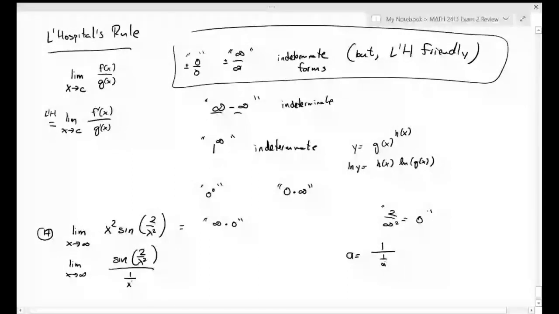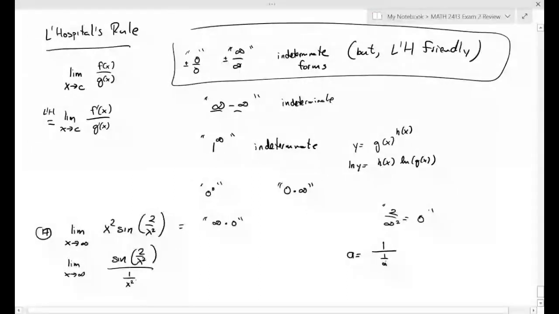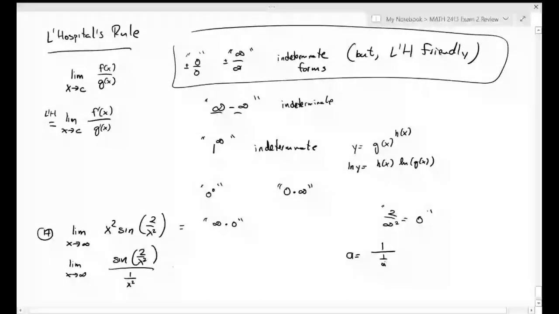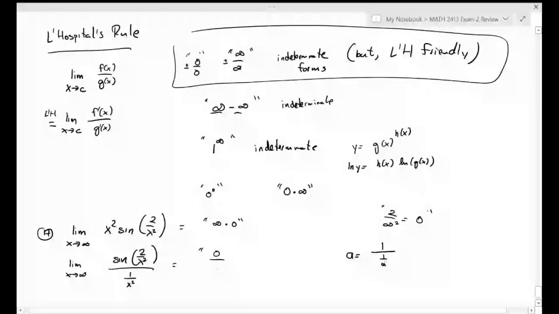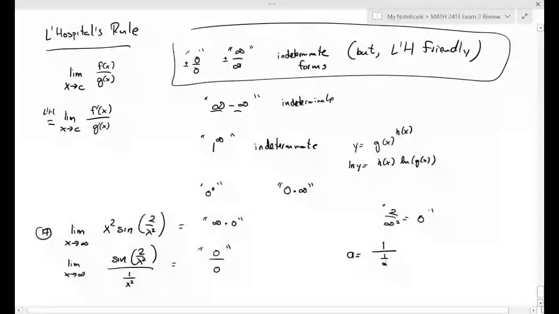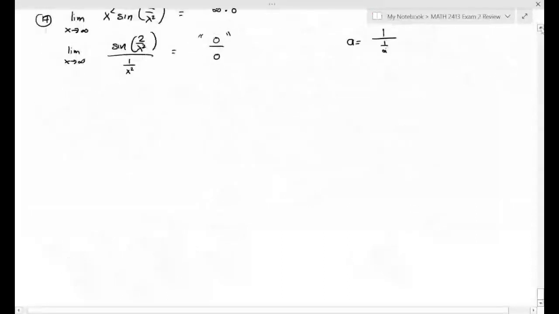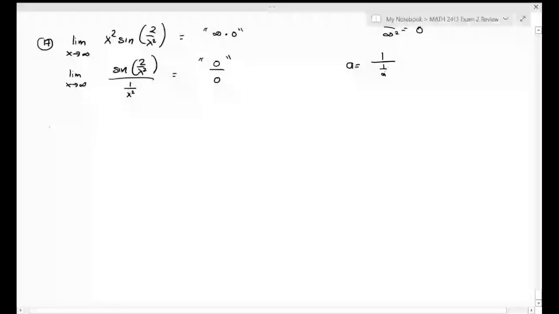So it's 1 over the thing in the denominator. Right, and so now when you evaluate it, you're going to get 0 over 0. Which is indeterminate, but it's L'Hopital friendly indeterminate. So let's use L'Hopital.